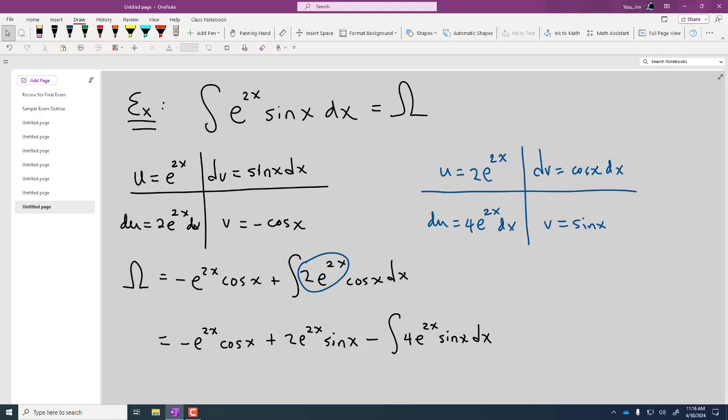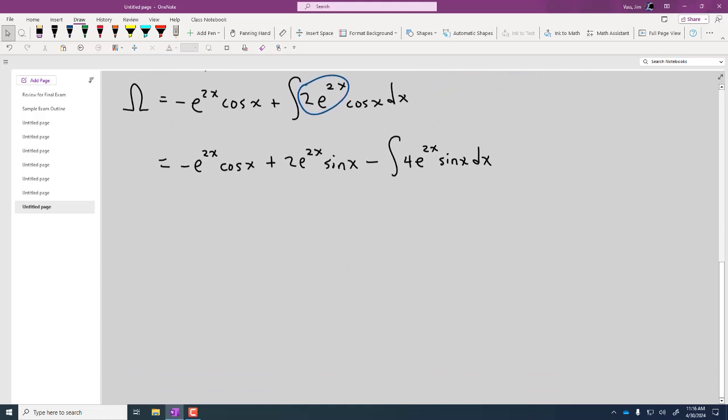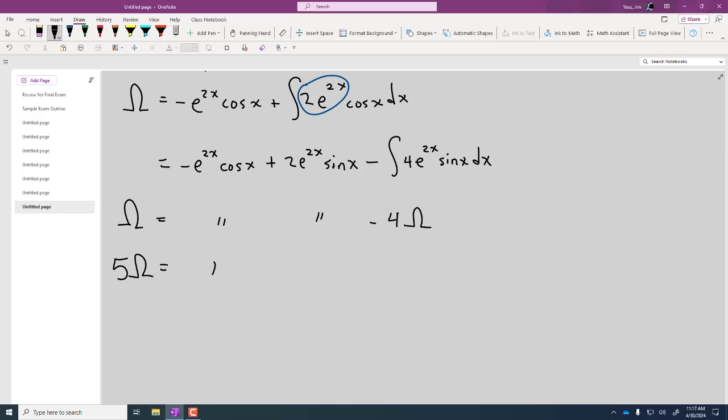So integral of e to the 2x sine, that is what we said omega is. And so our next step here, these two carry down, and this becomes minus 4 omega. So we have omega on the left, minus 4 omega on the right. And as soon as we add these omegas to the other side, we need to add a constant of integration.